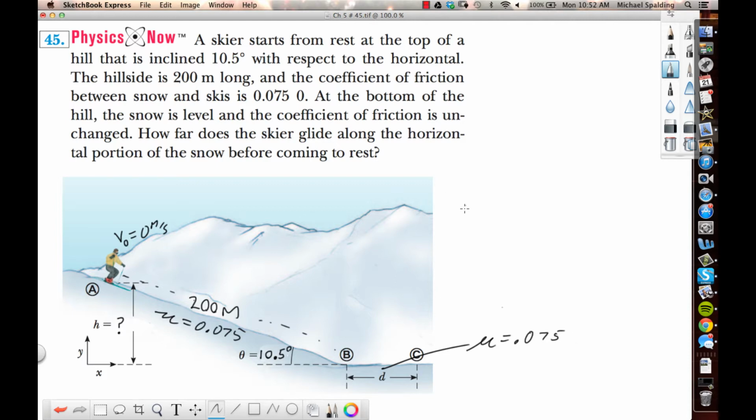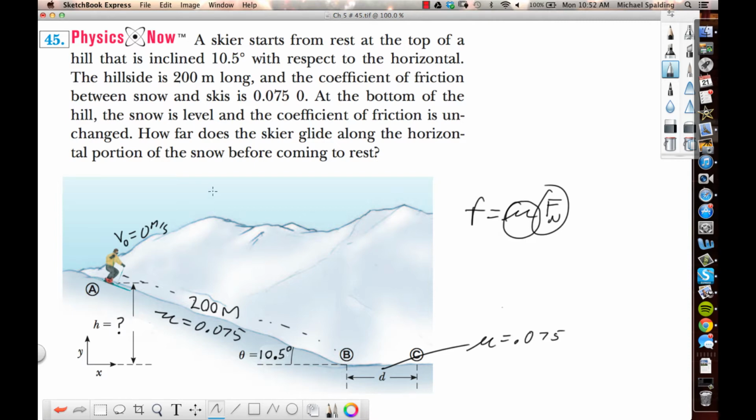No, because what's the equation for friction? Coefficient times normal force. So from the hill to the flat part, the coefficient stays the same, but the normal force changes. So we have two different frictions in this problem.